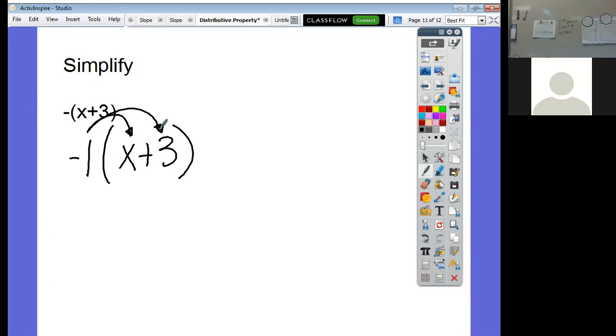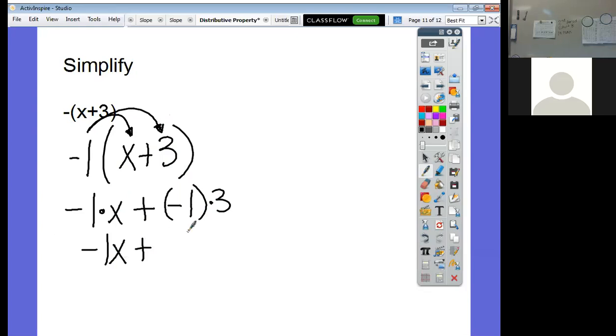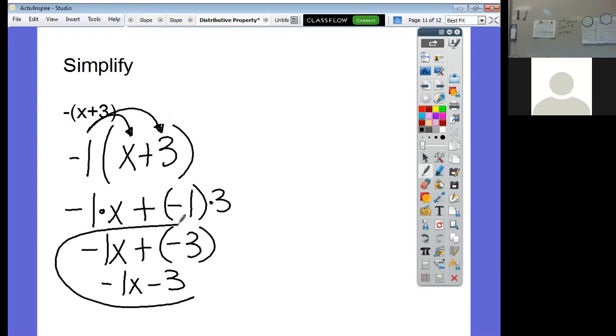So it becomes negative 1 times x plus negative 1 times 3. Negative 1 times x is negative 1x. Negative 1 times 3 is a negative 3. Or this. Either answer works. Okay?